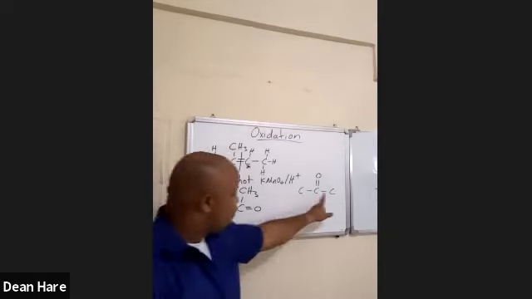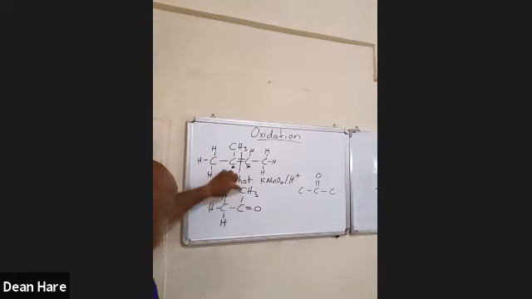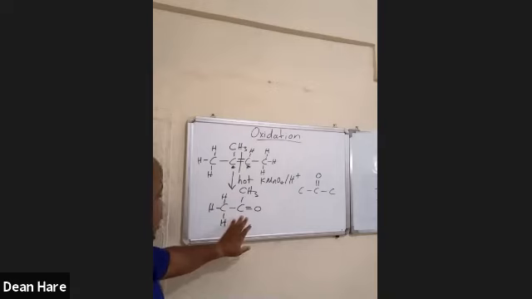So it doesn't have to be in a straight line like this, but you can see that two carbon atoms are directly attached to the carbon with the oxygen. So this is a ketone. And once you get a ketone, that will be the final product.